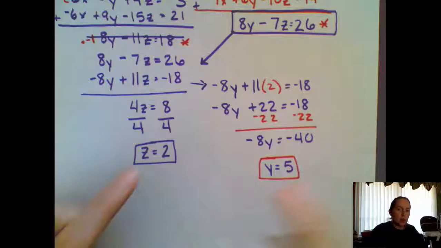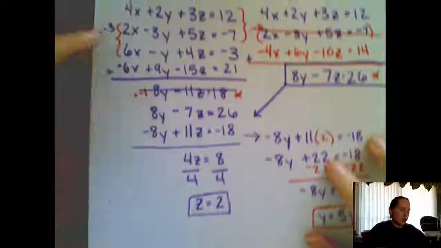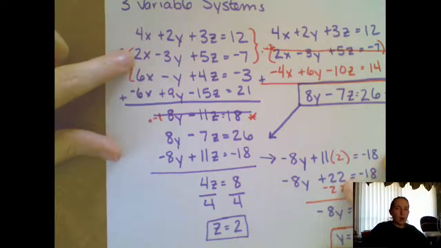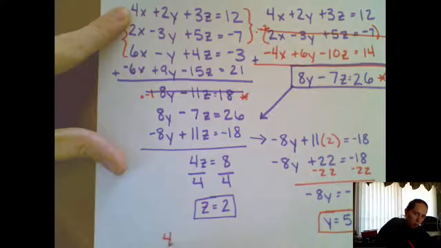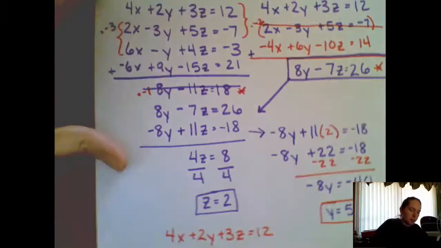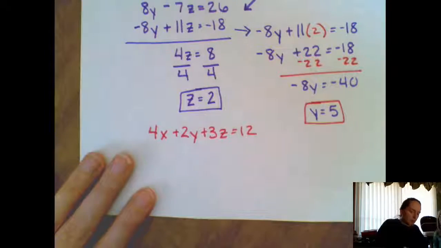Okay, so now that we know that z is 2 and y is 5, what we're going to do is go back up to the original problem and steal one of these equations. I'm going to just recopy the first one, 4x plus 2y plus 3z equals 12. And I'm going to rewrite it and plug in what we know.